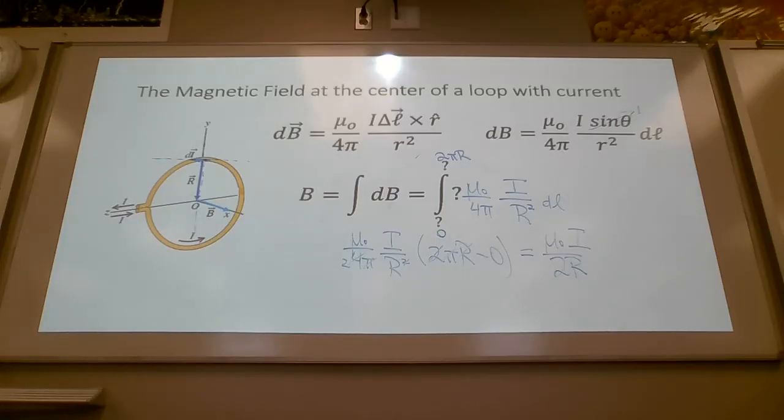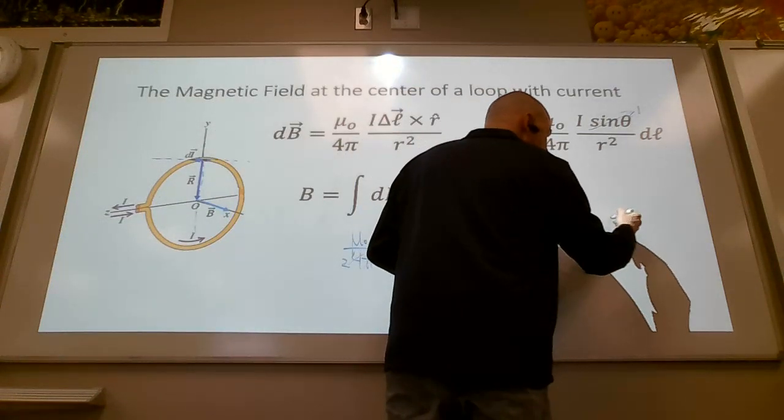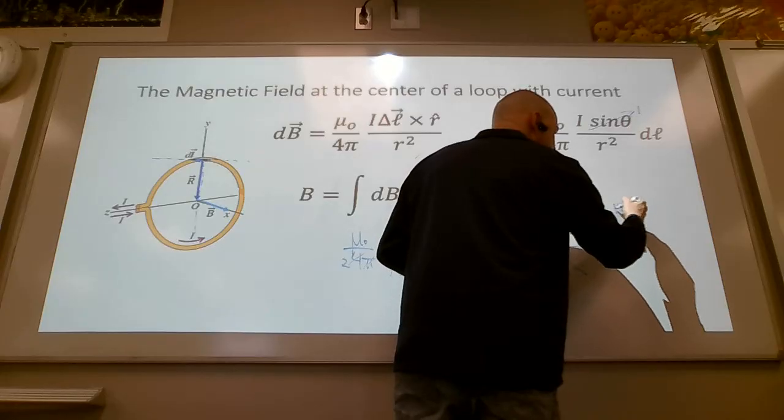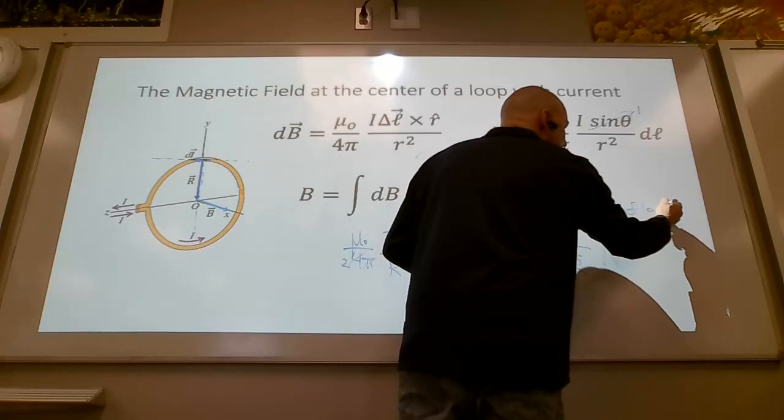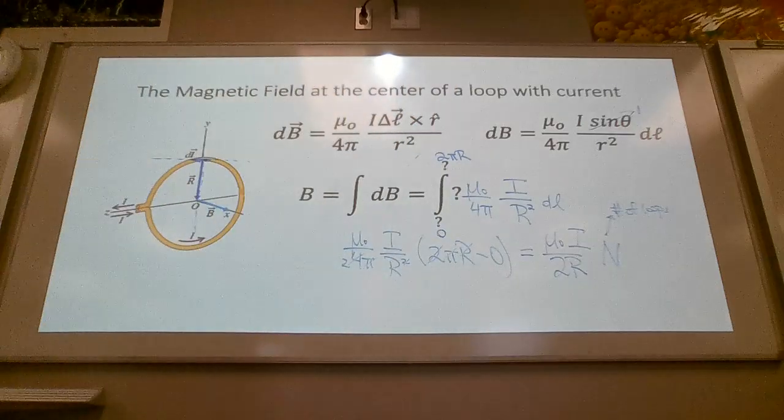That one's worth memorizing. This is the magnetic field of a ring loop. Okay. And you could throw in there n for number of loops or turns. Good with that?